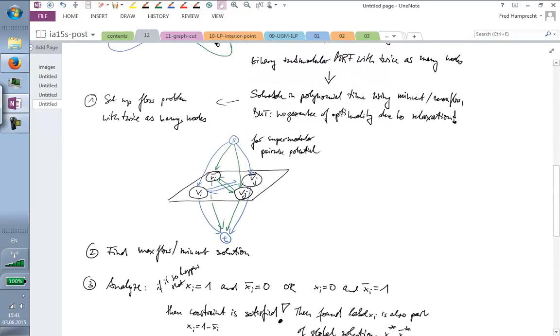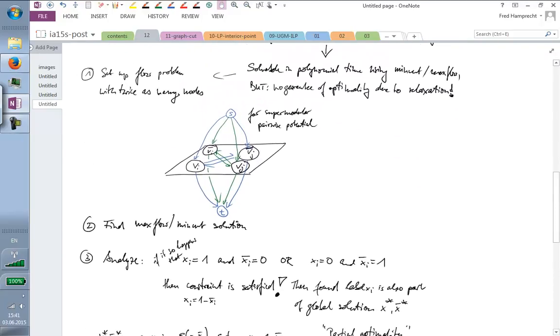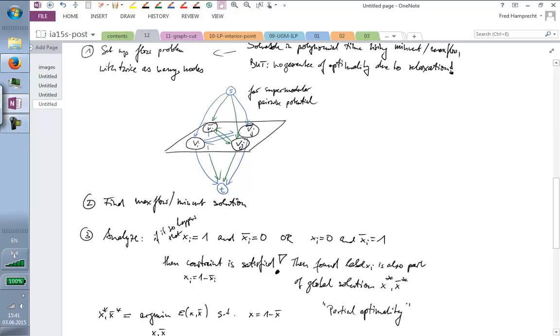Okay, so the general statement is still true. Set up the flow problem with twice as many nodes, except that up here I had only shown you half of the graph construction. The other half is at the very bottom. Then secondly, we find this max flow min-cut solution. And thirdly, we check in what part of the solution we are so lucky as to get a consistent labeling out.